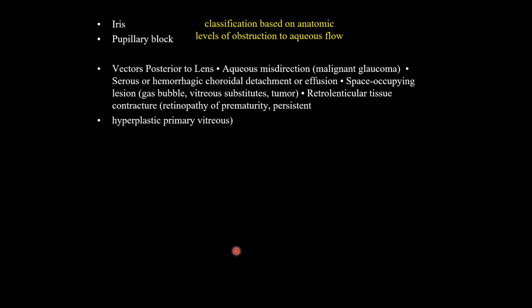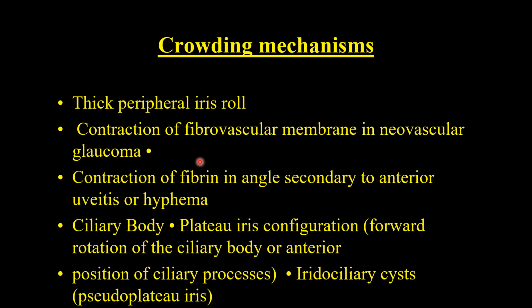Now classifications are also based on the level of the iris. One was the block at the pupillary level. Second is at the level of the iris. There is thick peripheral iris.